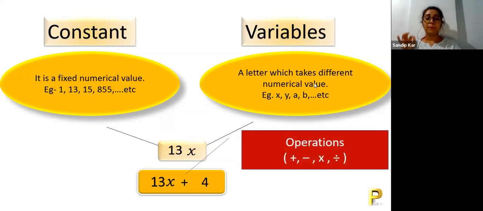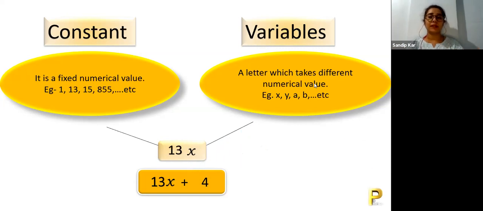The plus sign is called an operation. Operation is not the operation which doctors do. It is exactly the signs: plus, minus, multiplication sign or division sign. These signs separate the different terms. This together is called an algebraic expression.